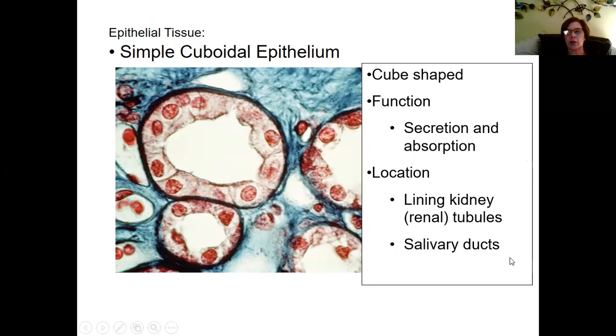In the salivary ducts, the glands secrete, but the ducts help us secrete saliva. A lot of ducts that we have are lined with simple cuboidal. So it's a little bit thicker than simple squamous, providing a little more protection. We're not trying to diffuse anything, so we don't need that super thin tissue, but these ducts are pretty small, so it can't be too thick.